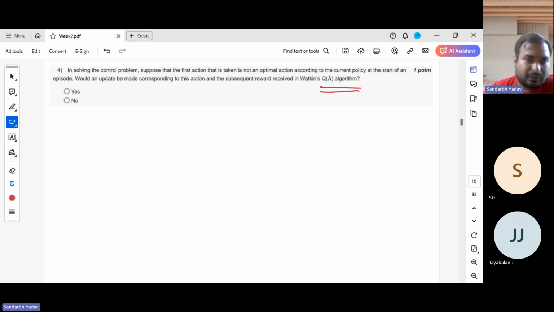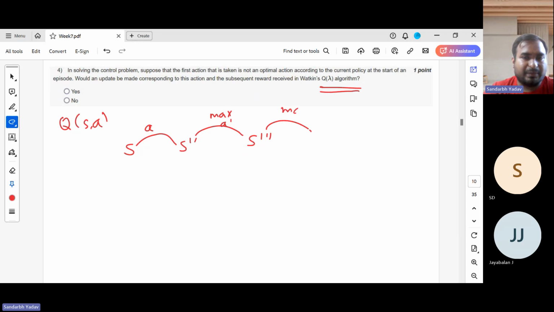Suppose you are in some state S. In the first step, you take action A, whatever you want to associate this Q value with. From then onwards, you reach S dash, and then you take the action which is max, the max of A dash over all actions, then you land in S triple dash, and in a similar way you again take max.